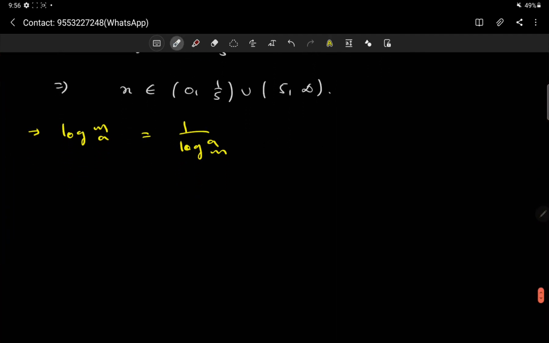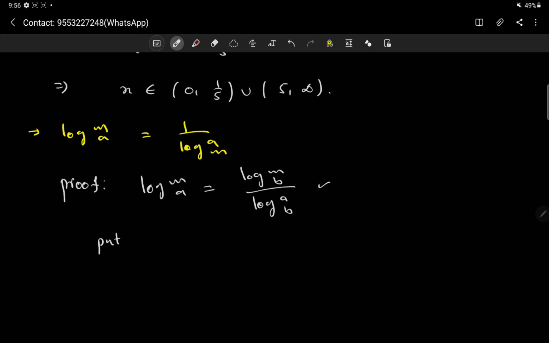As we know that log m base a is equal to log m base b divided by log a base b. This one we already proved previously. See here, we are going to substitute m is equal to b on both sides.